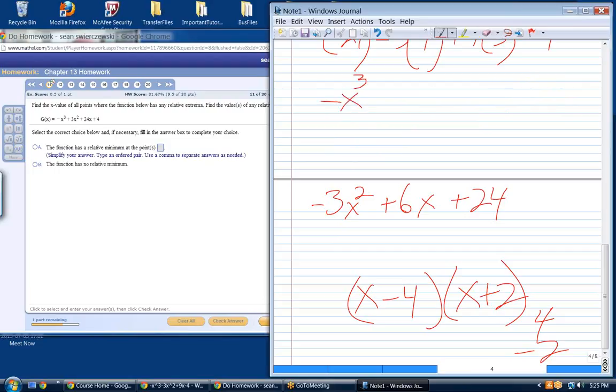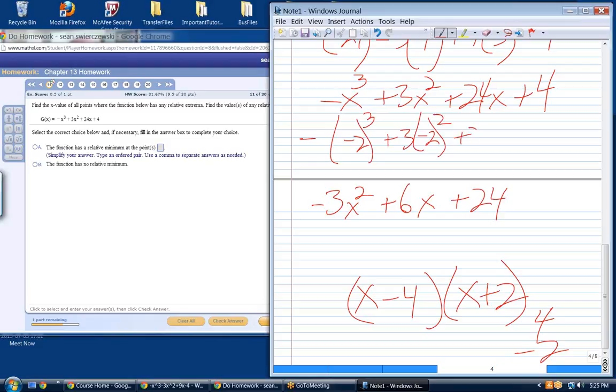Minus x cubed plus 3x squared plus 24x plus 4. So we have minus negative 2 cubed plus 3 times negative 2 squared plus 24 times negative 2 plus 4.